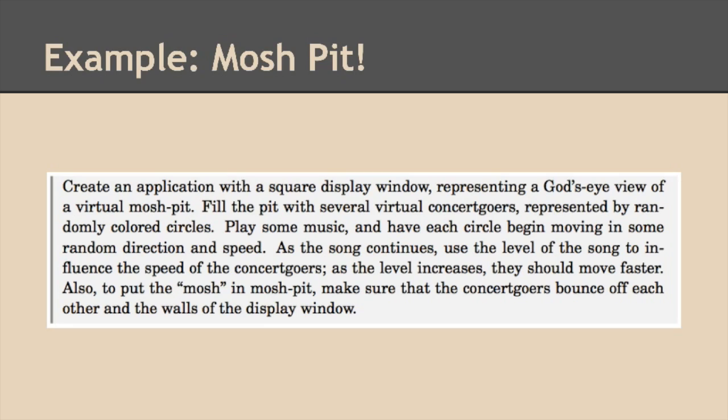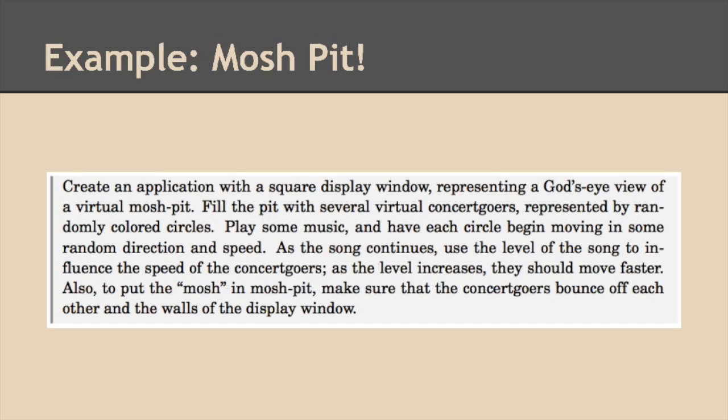Our mosh pit is going to be our major example for the chapter, and it'll be the framework upon which we learn about how to write classes in Processing. So here's our problem description. We're going to create an application with a square display window representing a God's eye view of a virtual mosh pit. We're going to fill that pit with several virtual concert goers represented by randomly colored circles.